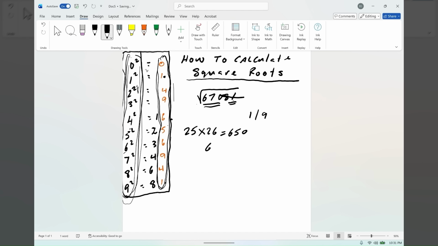So since 670 is greater than 650, I know my number is a 9. Therefore, I know my solution will be 259. Using this method and some mathematical manipulation, you will be able to calculate the square root of any number.